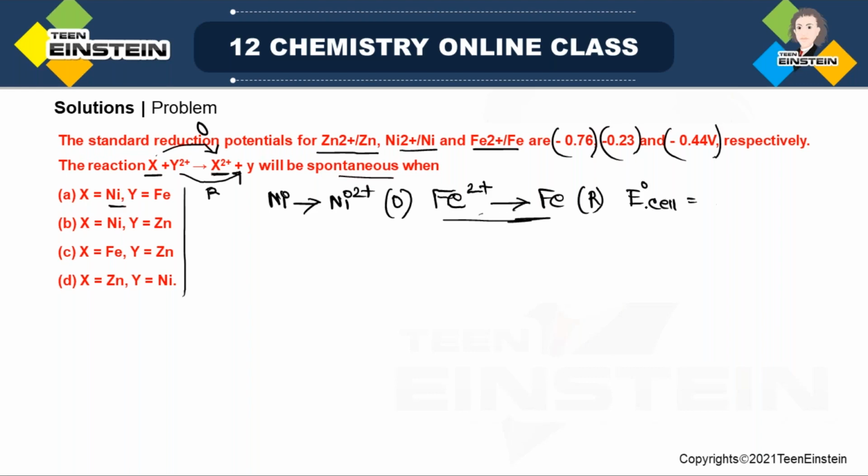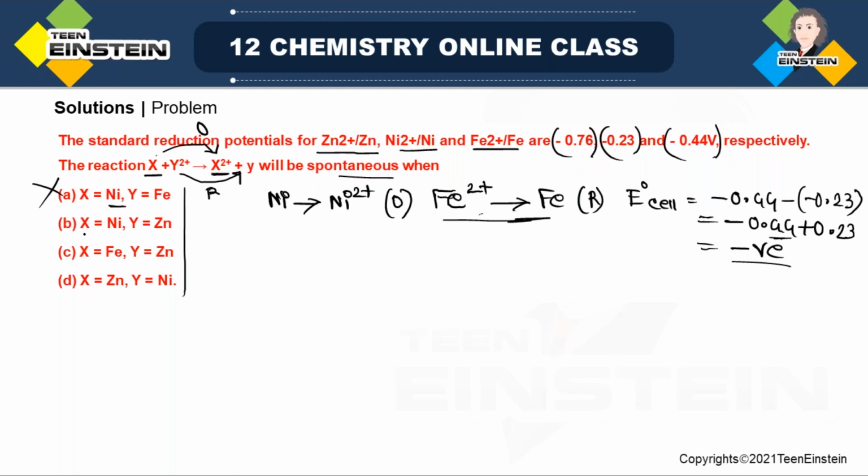So for iron the value is minus 0.44 and for nickel the value is minus 0.23. So ultimately it is minus 0.44 plus 0.23. See, the first value is higher in magnitude, so ultimately it will be negative. You don't have to do the full calculation, it will save your time, because you just need the sign of this value, not the actual value. As it is negative, without calculation you can understand this is not possible.